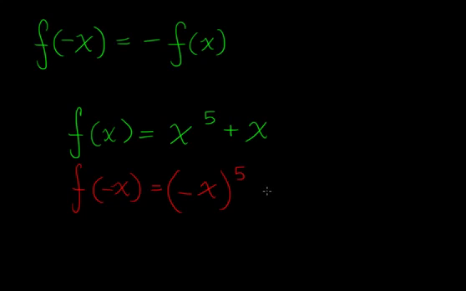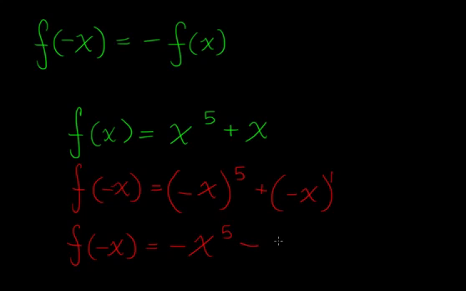Negative x to the fifth plus negative x. And this is technically x to the power of 1. So these are both odd exponents, and anything to an odd exponent, if it's a negative, will come out negative. So we can rewrite this as negative x to the fifth minus x.